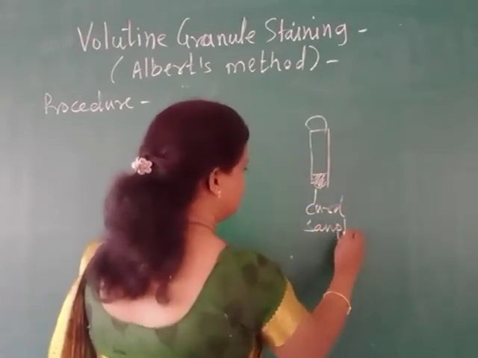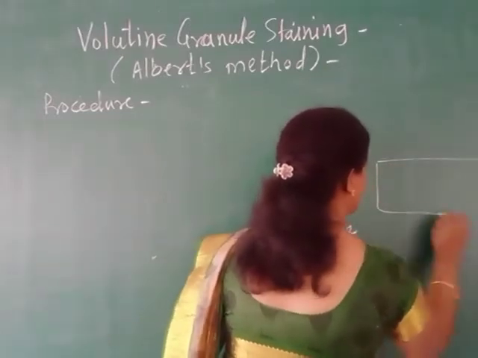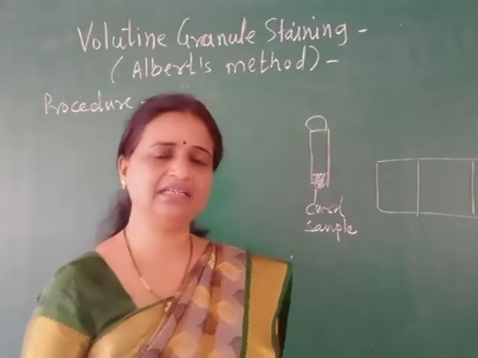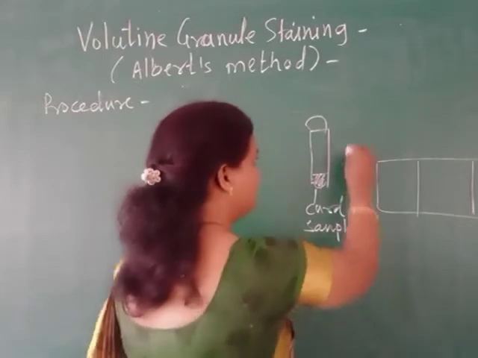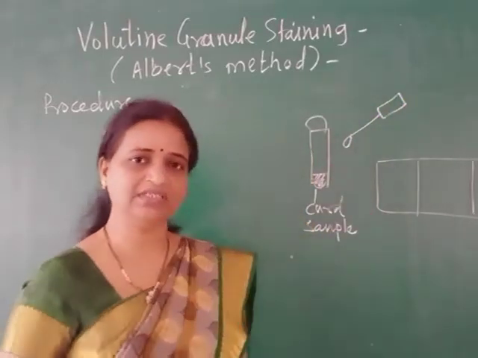To prepare the smear, you will require a slide. So take a slide, make it grease free, mark the area at the center with the glass marking pencil and use the opposite side of the slide. With the help of a sterile inoculating needle, take the sample from the curd.